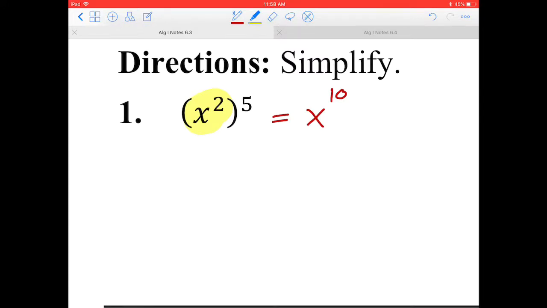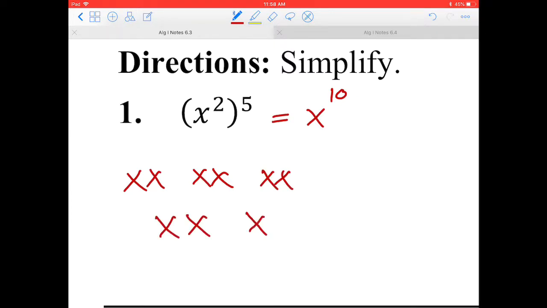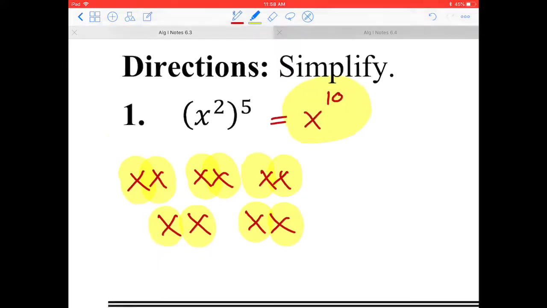But what this says is x squared 5 times. So two x's 5 times. So 1, 2, 3, 4, 5. And then if you add up all of these x's, 1, 2, 3, 4, 5, 6, 7, 8, 9, and 10, 10 x's. That's why it's x to the 10th power, okay?